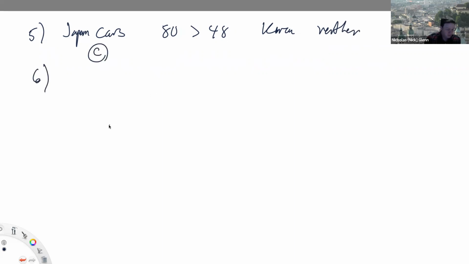All right, 6. Japan has a comparative advantage in the production of what? Well, remember the opportunity cost. What was it for cars? Well, Japan was 1/5. All right.